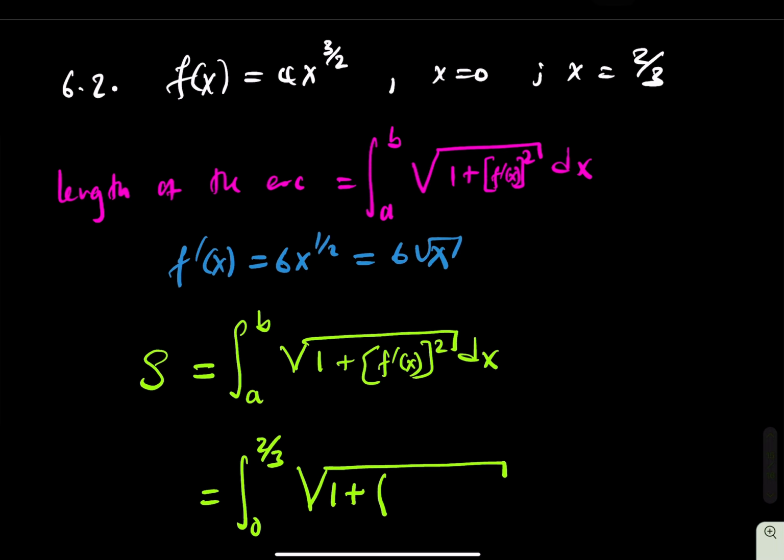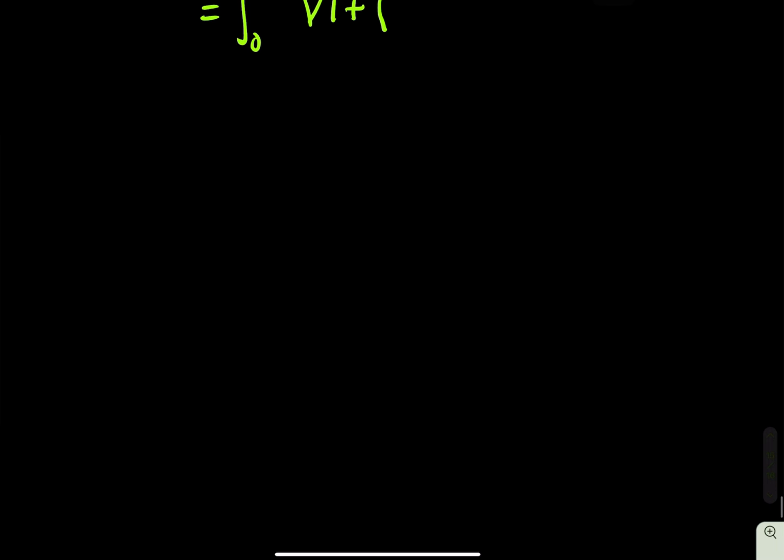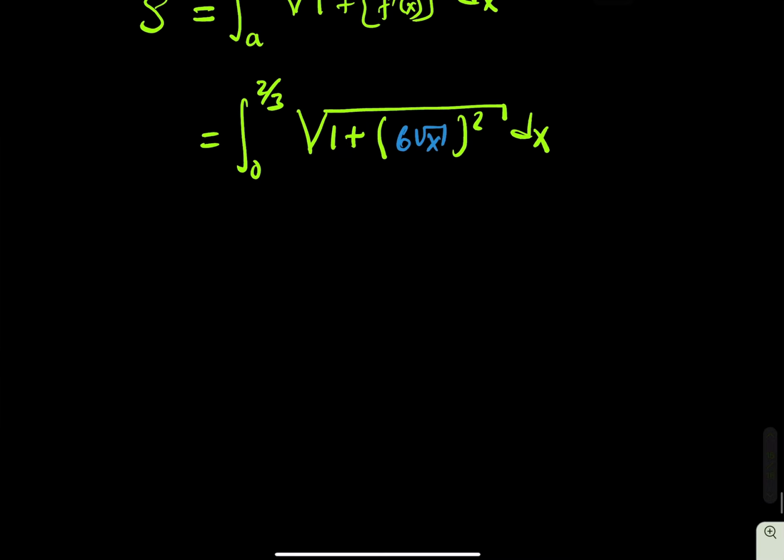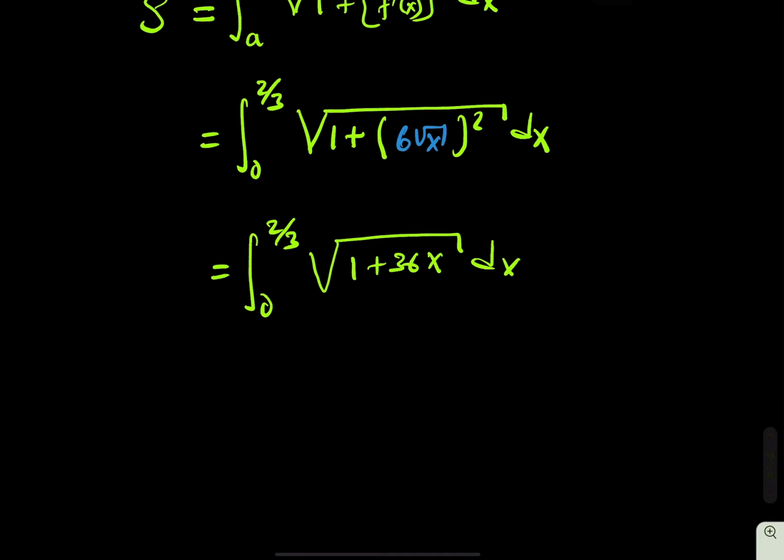One of the two is fine. So you are going to square that derivative, which is 6 root of x. Then you need to square that dx. And then now this will tie it down to from 0 to 2 over 3 into 1 plus, if you square 6, 36. If you square root x, you're going to get x dx.